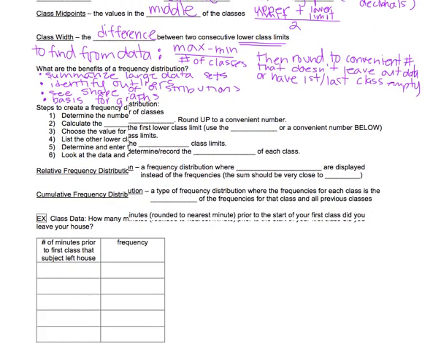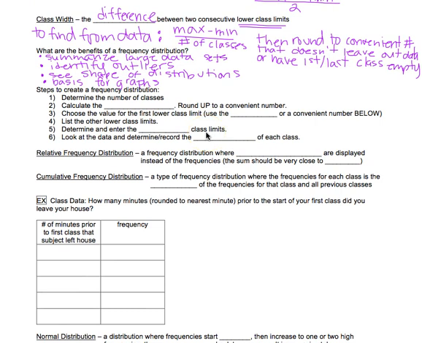All right, so if we are creating our frequency distribution, first we determine how many classes we're going to use. Typically this is 4 or 5. Then we calculate the class width, so we already talked about how to do that. Round up to a convenient number. Again, I'm going to underline this in a different color. Make sure that whatever you're rounding to doesn't leave out data or leave a class empty.